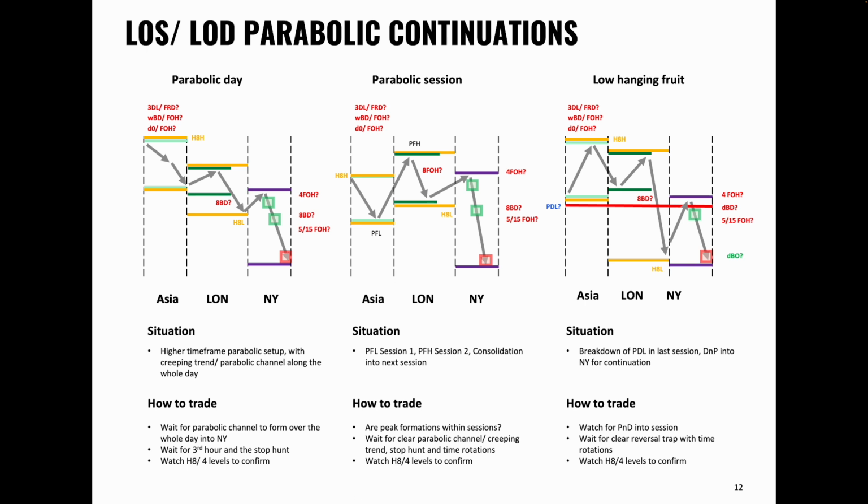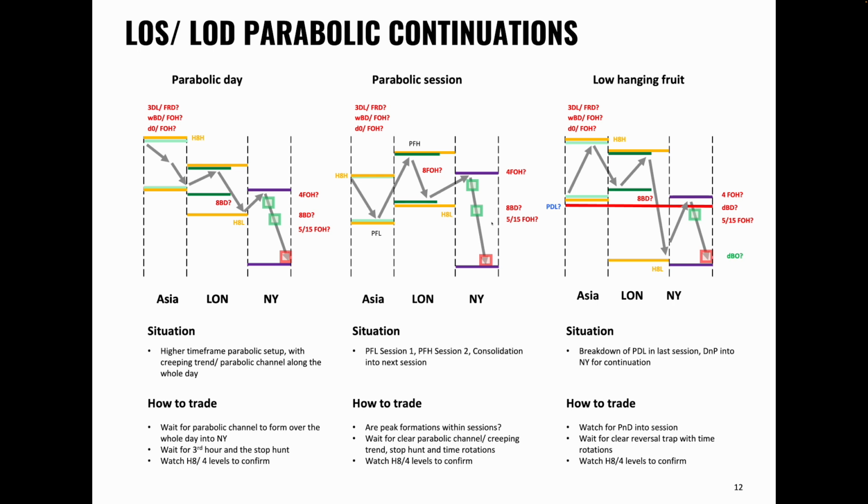Watch 8-hour, 4-hour levels to confirm, and then you have here a very nice parabolic setup that you can look for range expansion. First target, 8-hour range expansion, 1 full, or typically you just take the range expansion of peak formation low, peak formation high, take it to the low. That's the classic target. Of course, you can flip the whole thing also to the long side. That's the same logic.